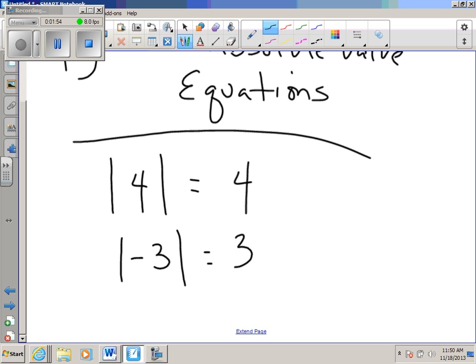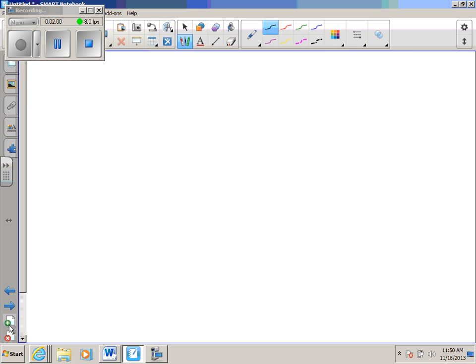Now today, we have equations. We will have to kind of do 2 equations. For example, the absolute value of x minus 3 is going to equal 8, all right?